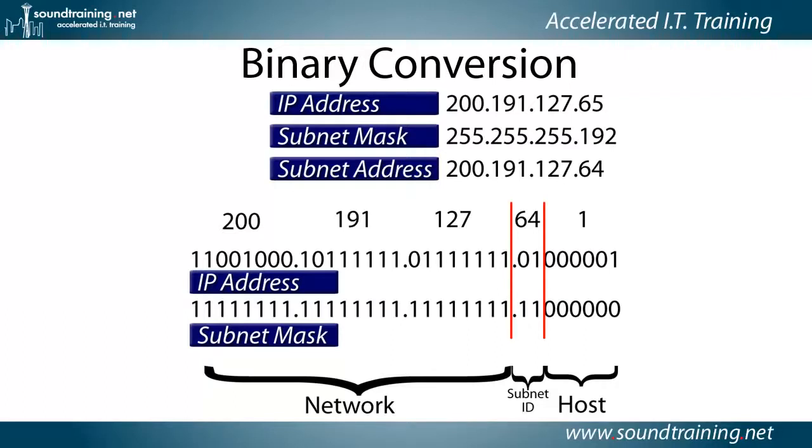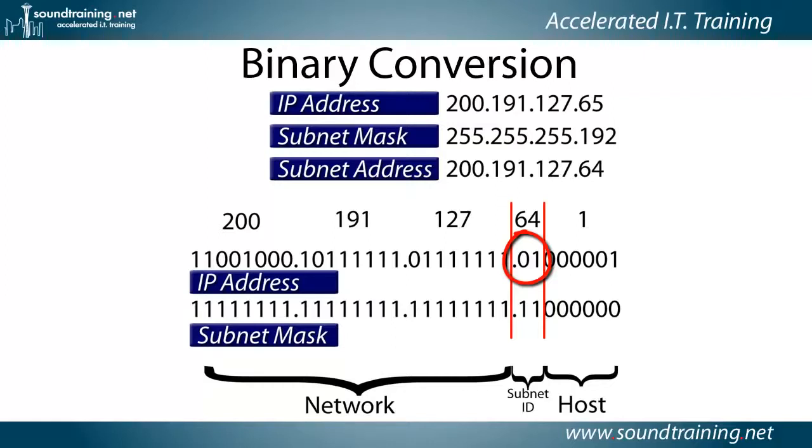And now what we have is we still have a major network number of 200.191.127, but look at the value of the bits turned on between the 2 lines in the IP address. It's the second of the first 2 bits. The 128 bit is not turned on, but the 64 bit is.